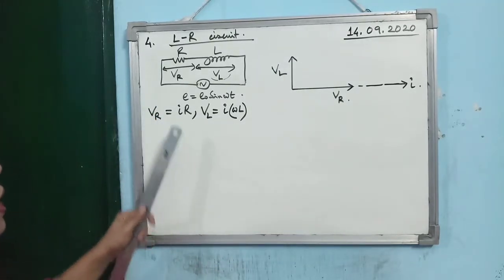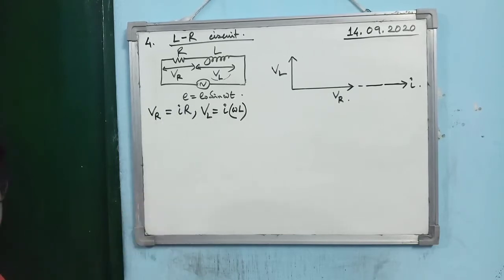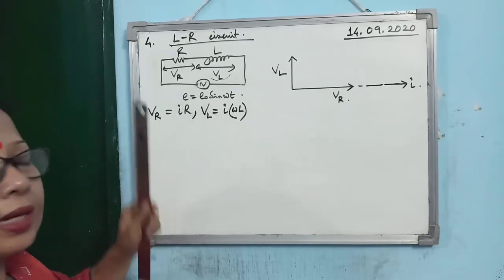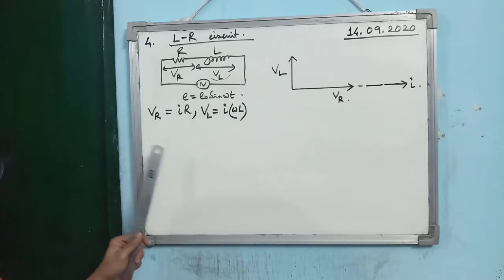Here VR and VL are vectors. According to Kirchhoff's law, the EMF is the resultant of all the PDs.